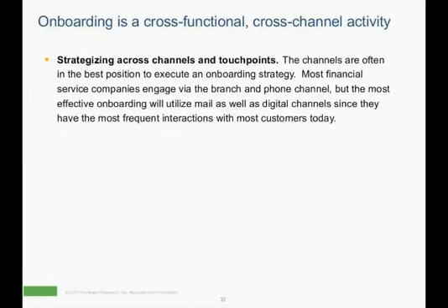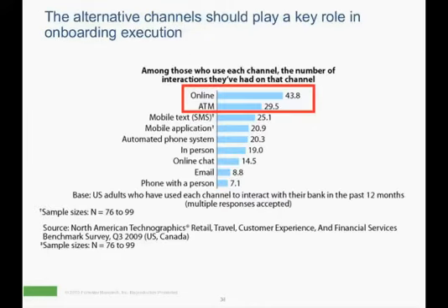The last piece I want to talk about is strategizing across channels and touch points. This is one thing that we need to think about. Most of the onboarding campaigns focus on the branch, they focus on the phone. The reason why you need to focus larger than that is you need to think about things like direct mail as an opportunity, but you also need to think about how consumers use the bank ongoing, especially younger consumers that are most likely opening up these new accounts.